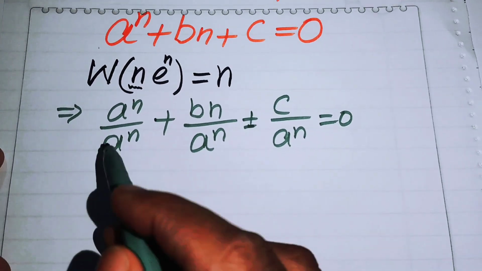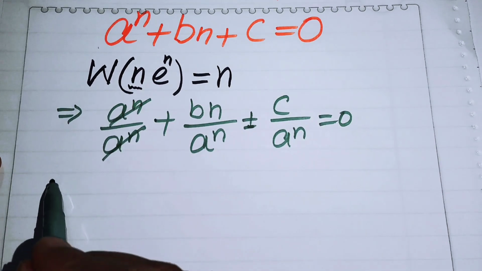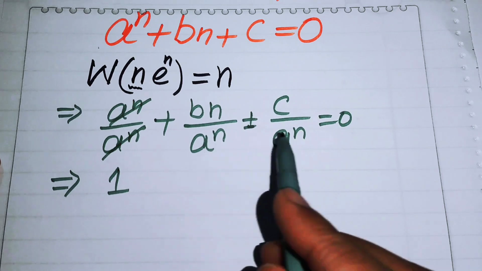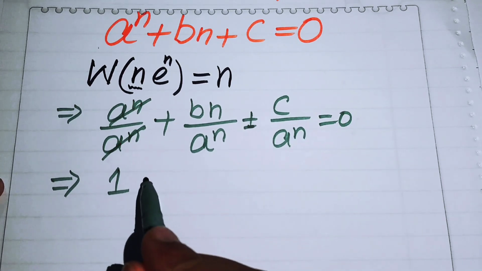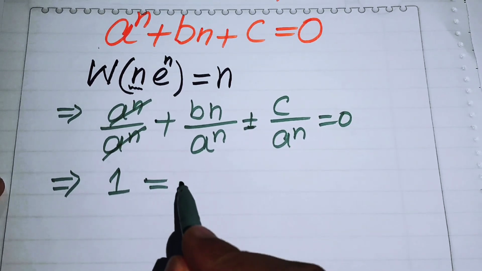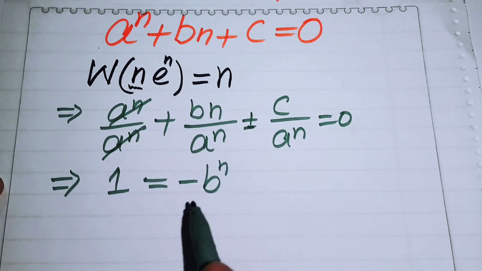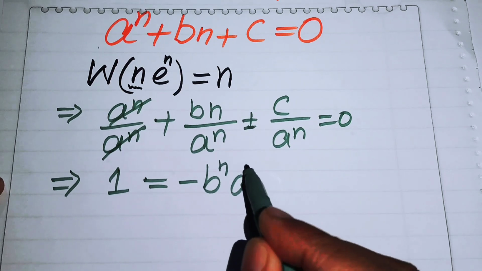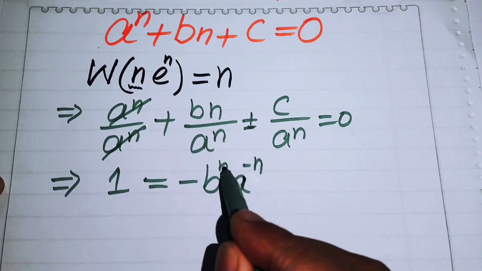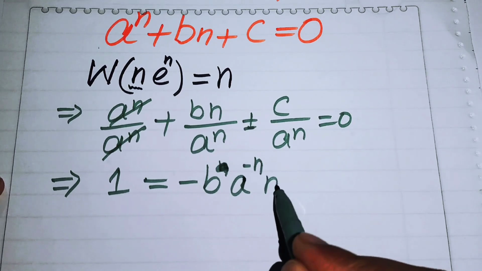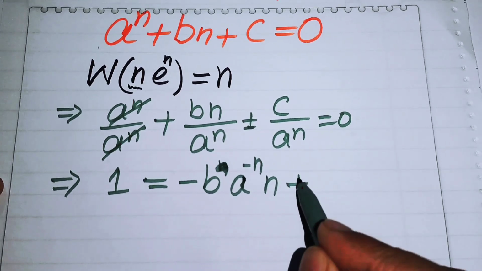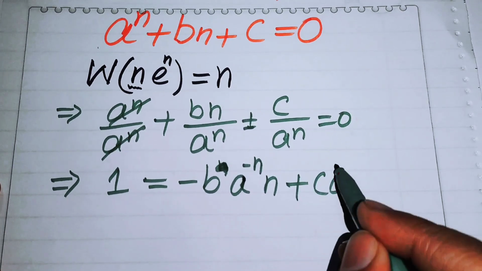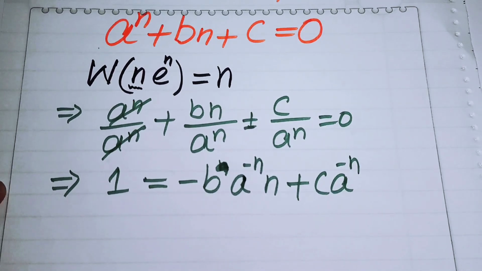And now you see that this a to the power of n is cancelled out by this one, and here we obtain plus 1, and we move all these terms to the right hand side. So you get here minus bn times a to the power of minus n, and plus c times a to the power of minus n.